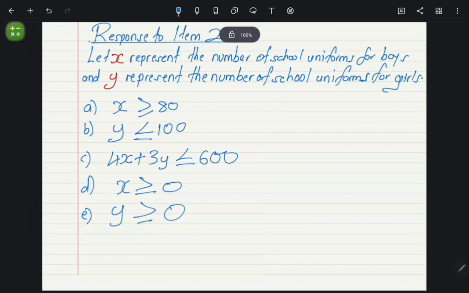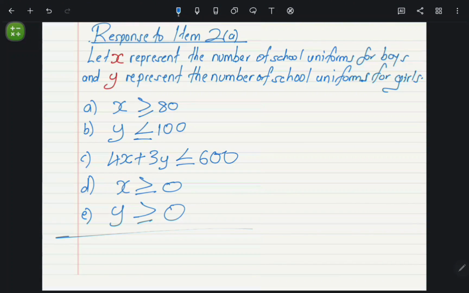So what we are seeing here on our screen are the inequalities that we have generated for part A of our task. So now we have finished part A. But then another thing that we also need to remember is that in our question, they told us some statement that we are leaving out that is going to help us to find the maximum number of sets of uniforms for boys and girls that the tailor should make in order to maximize profits.